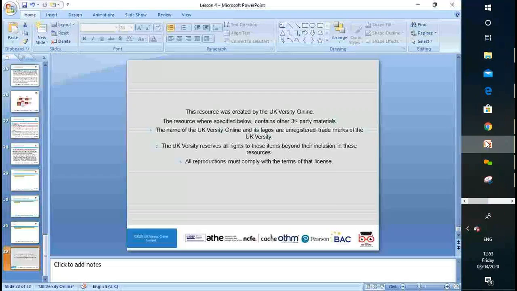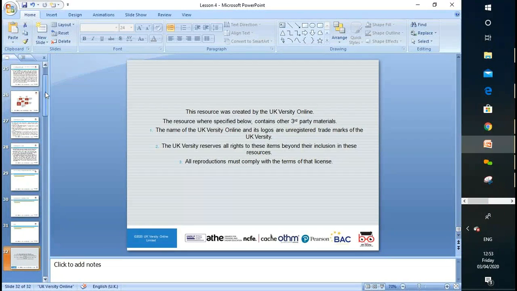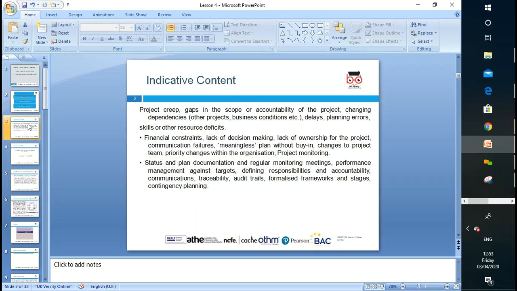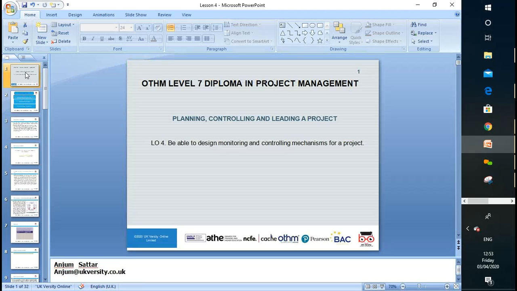No. Okay, in today's lesson we learned about LO4, learning outcome 4, all about monitoring and control. If you have any question, please drop me an email, at anjum@ukversity.co.uk. Please go through the assignment brief on Moodle and look at how much we can do and how.